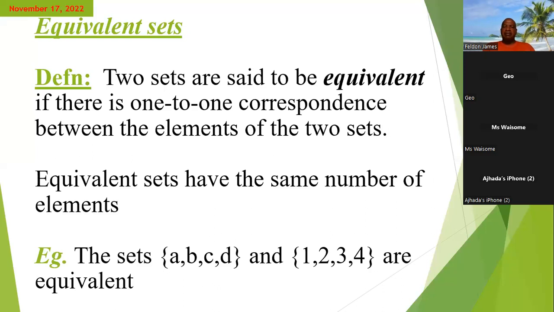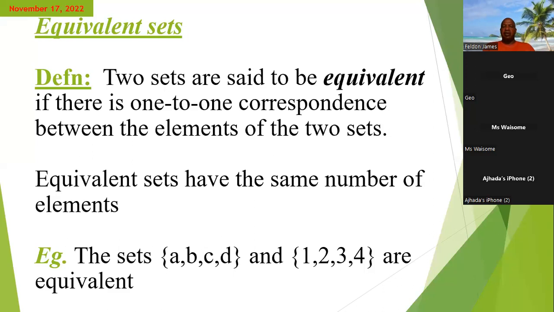So the set A, B, C, D, and the set 1, 2, 3, 4, if you count the number of members, you will see that you have 4 members in each of them, but the members are different. So what makes them equivalent is the fact that you can match one to the other. All right, so you can match A to 1, B to 2, C to 3, and D to 4.